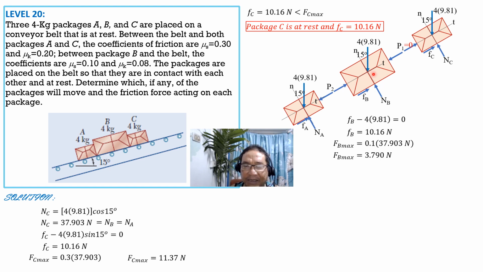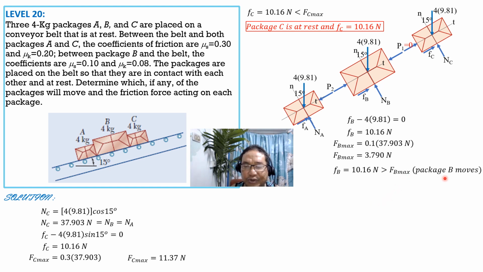So because package B slides, by principle, the maximum frictional resistance that can develop is that of the coefficient of kinetic friction 0.08 times normal, 37.903. So FB is 10.16 newtons, greater than FB max.